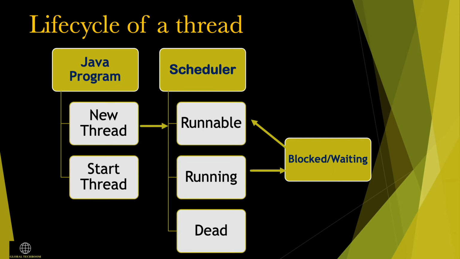As explained in the diagram, a thread has the following states. New is the first state, when a thread is just created from the Thread class. The next state is runnable. An instance of a thread is invoked using the start method. In the running state, the thread instance's start method is invoked and the thread begins execution.